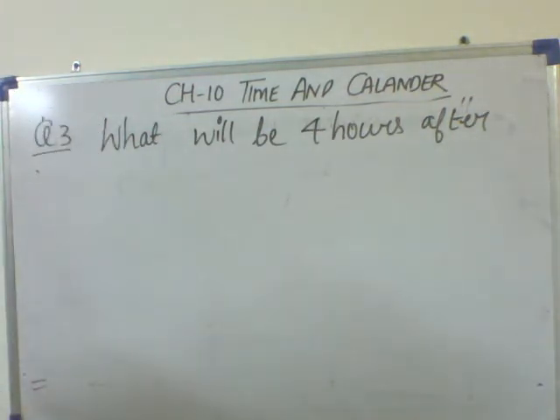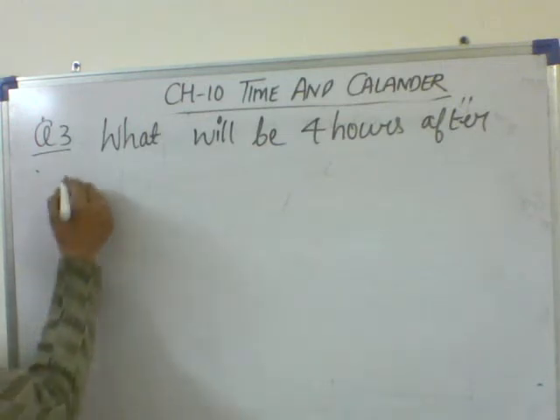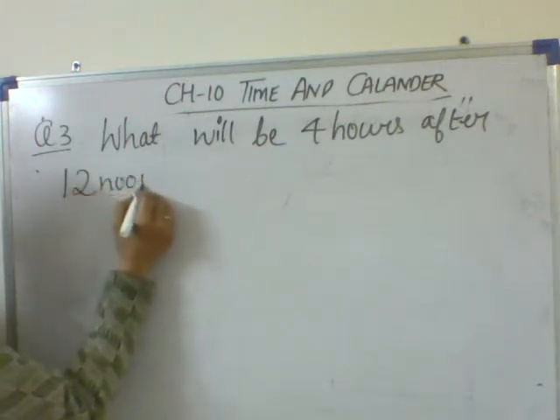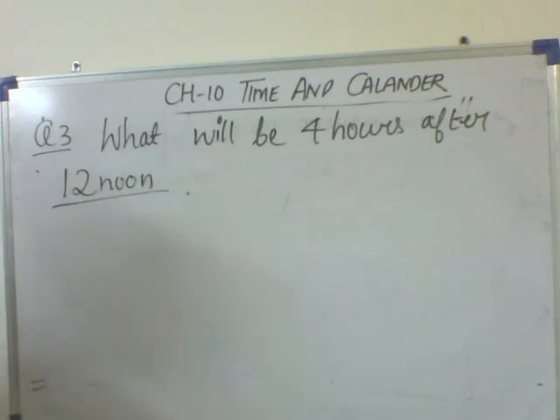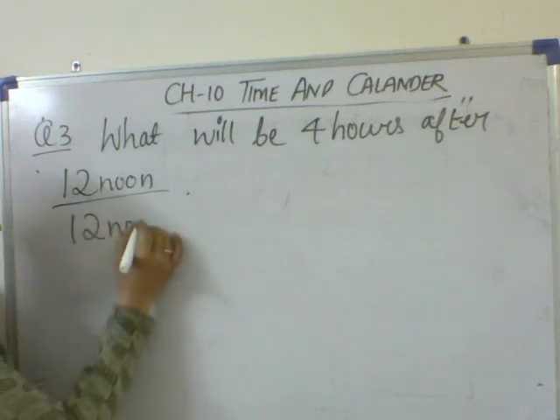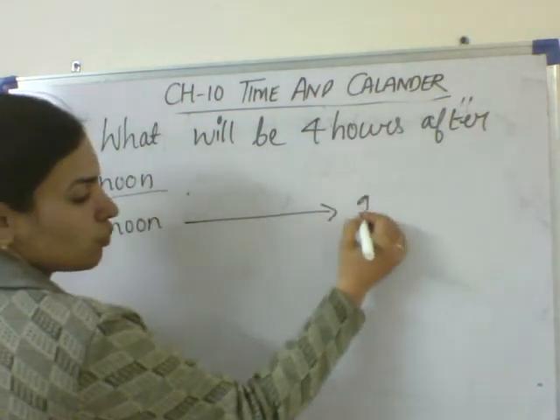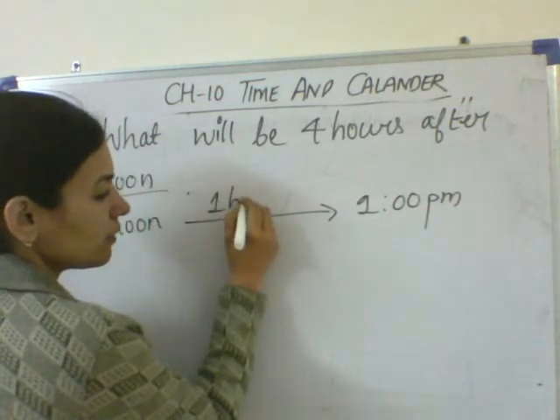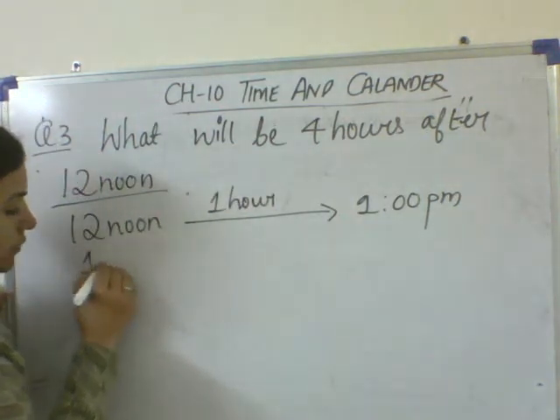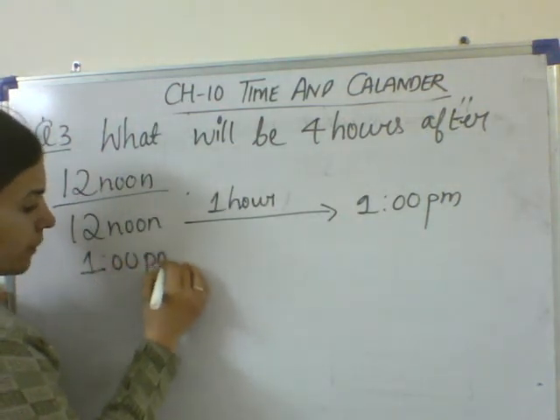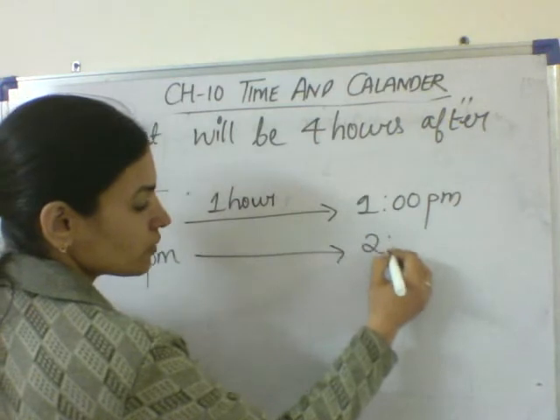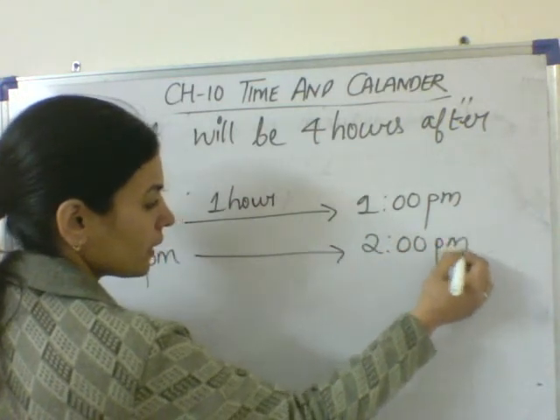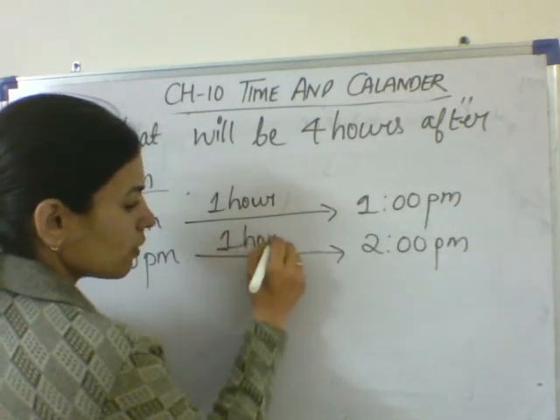Here, 12 noon. I have written here 12 noon. We have to find the time after 4 hours. What will be the timing after 12 noon? So, from 12 noon to 1 p.m. here the gap of 1 hour is there. And from 1 p.m. to 2 p.m. again the gap of 1 hour.